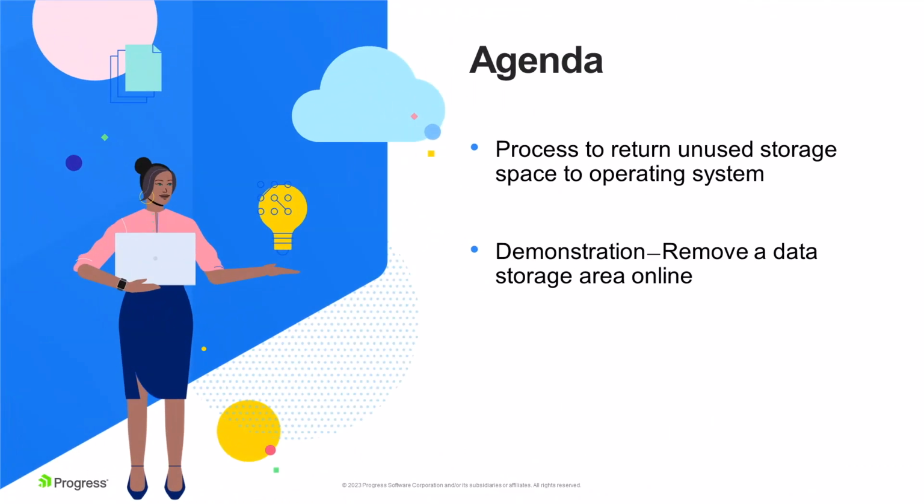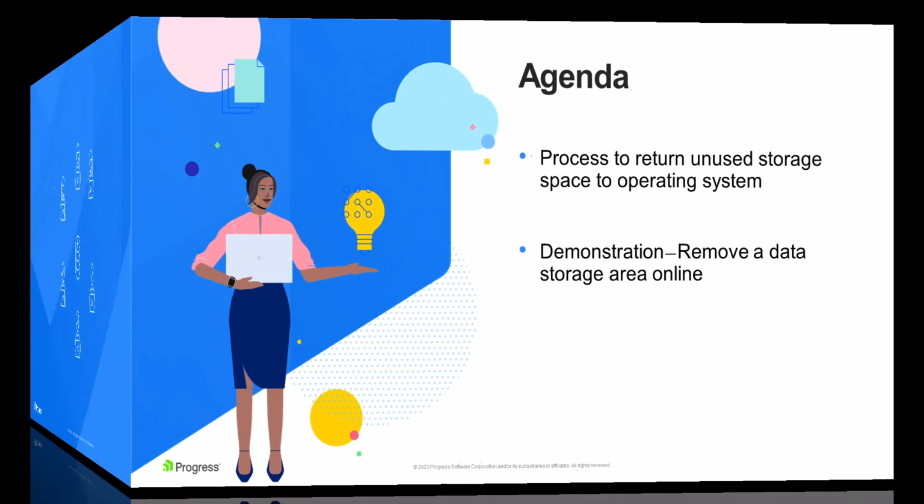OpenEdge allows you to return the unused space to the operating system even when the database is running. Let's take a look at the process of returning the storage space to the operating system online, followed by a demonstration of how to remove a data storage area while the database is running.